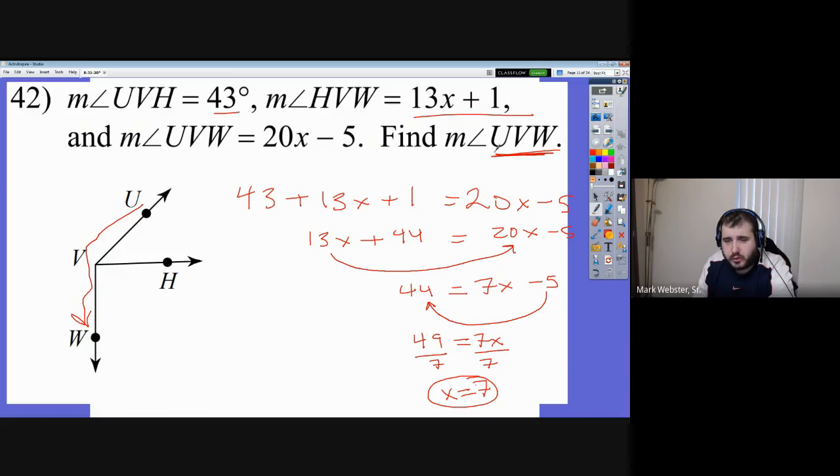So we're going to go through UVW. We're going to take that and put 7 into where x goes, right? That's 20 times 7 minus 5.